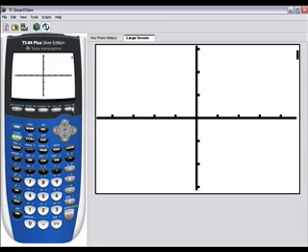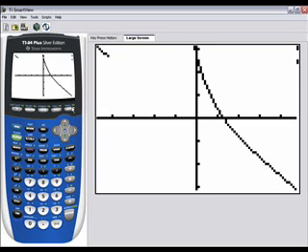Now, of course, it's not going to be as exact as doing this by hand and figuring out things like asymptotes and rotational angles, but it is a way to get a graph. So here it comes. So that's one wing of it, and sometimes depending on the way your conic comes out, it will graph different parts of the graph in different ways. So that's one way to do it.